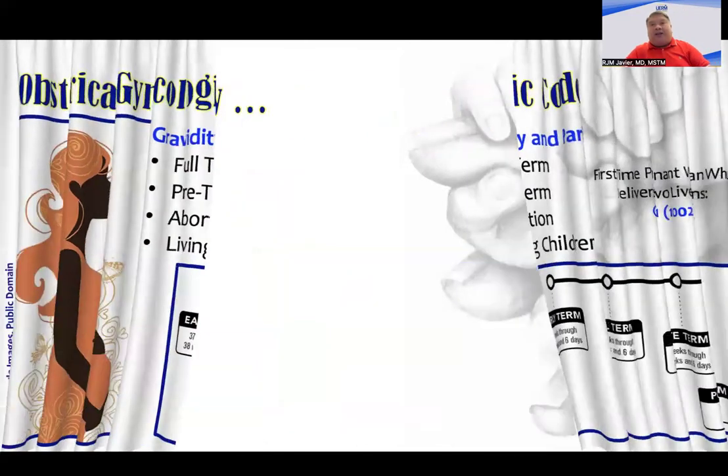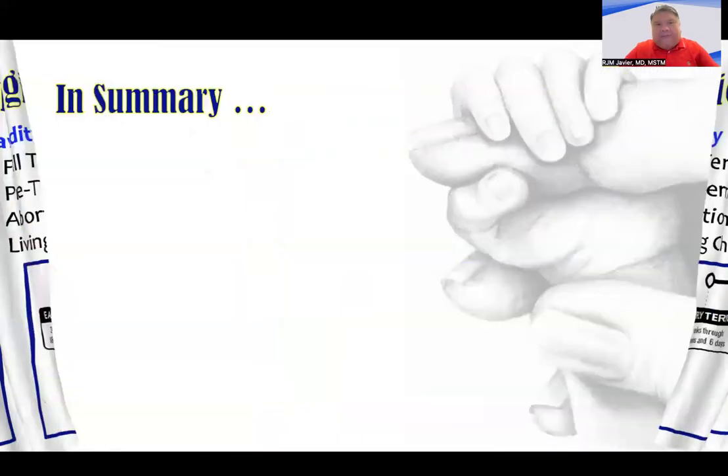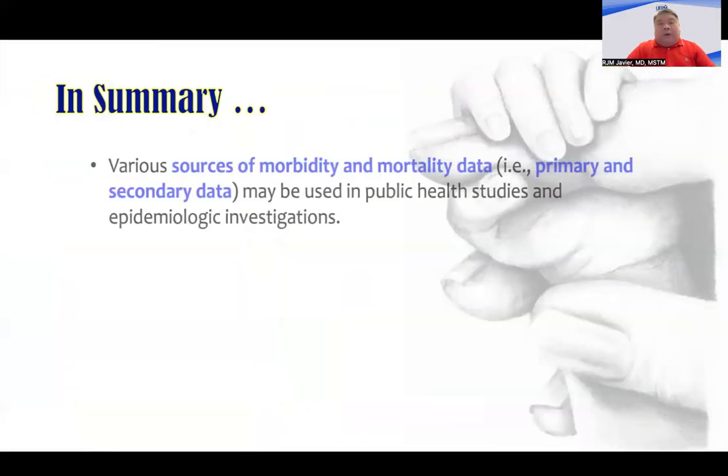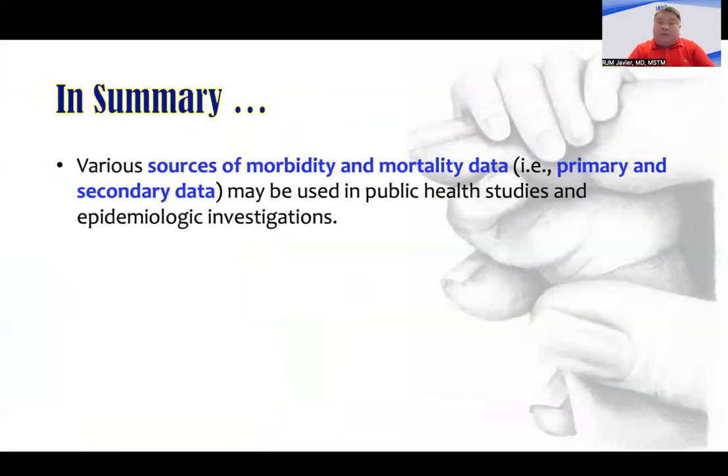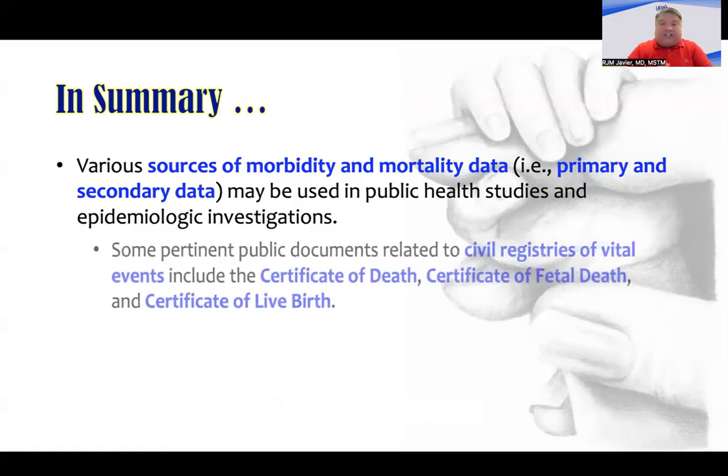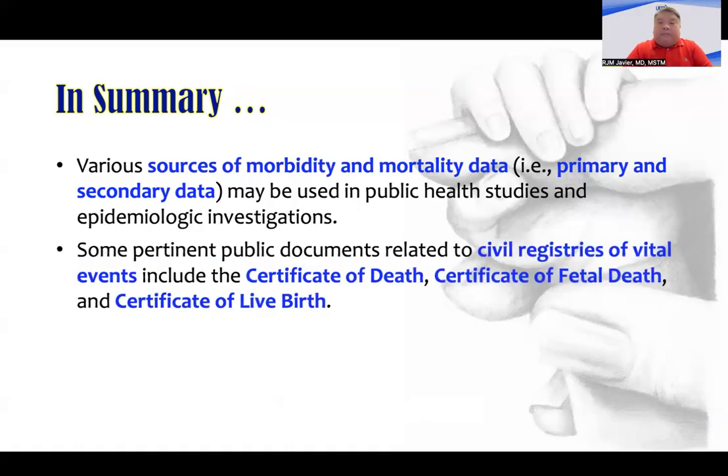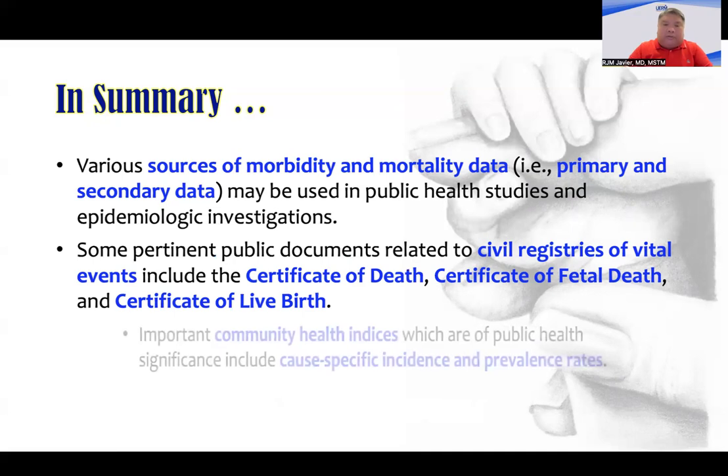So, what have we discussed for today? We've looked into the various sources of morbidity and mortality data, differentiating your primary from your secondary data. All of these can be utilized in public health studies and epidemiologic investigations. Some pertinent public documents related to civil registries of vital events would include the certificate of death, certificate of fetal death, and the certificate of live birth.